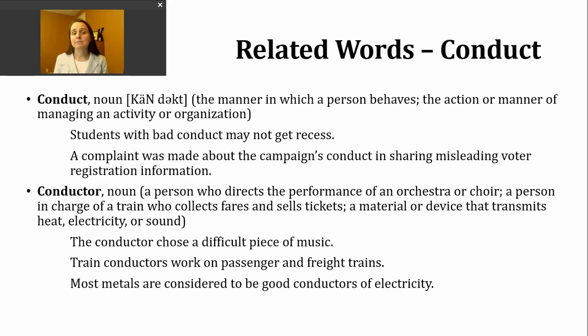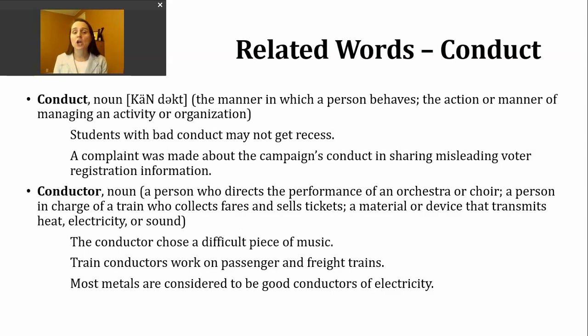The last way we might use this particular noun is to mean a material or device that transmits heat, electricity, or sound. So this is connecting back to the fifth definition for our verb that we spoke about earlier in this video. Here's an example of that usage.